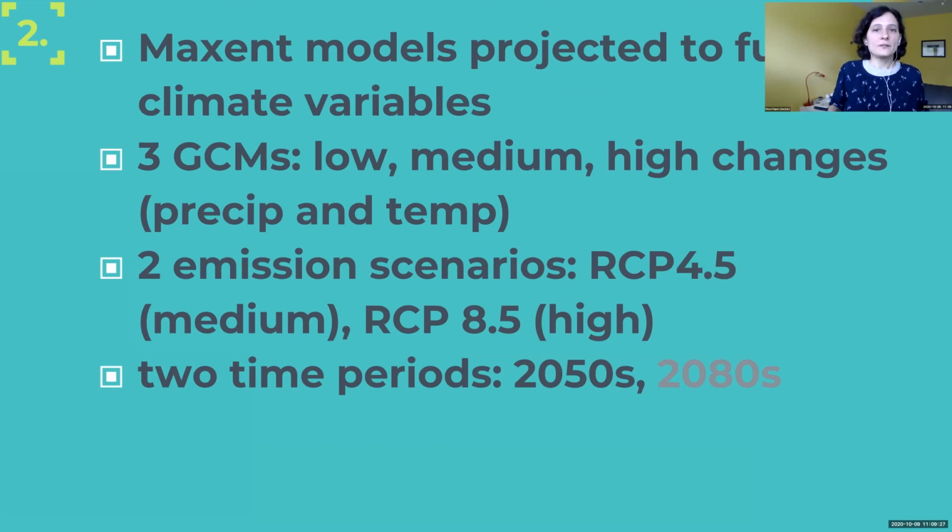So where are these future climate variables coming from? Well, they are coming from general circulation models. These are models built by climatologists that are forecasting changes in temperature and precipitation, based on very complex models that take into account atmosphere, ocean, land interactions, and emission scenarios, greenhouse gases that are forecasted to be in the atmosphere in 2050s and 2080s.